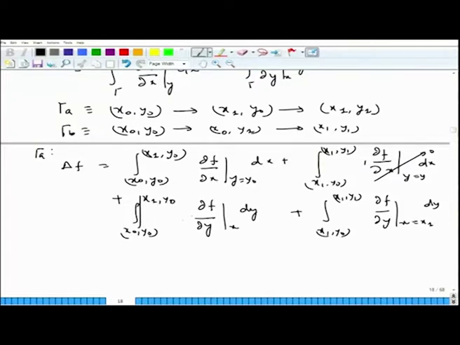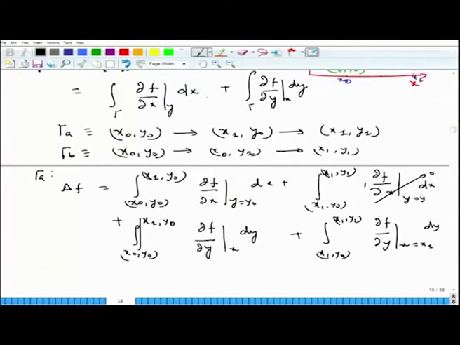Okay, so what I did was, you have two partial derivatives. This is basically the partial derivative integration over the first line segment, and this is the integration over the second line segment. In the first line segment y is constant, so the first derivative is this one, and the second derivative, since y is constant, should also be 0. Similarly for the second line segment.